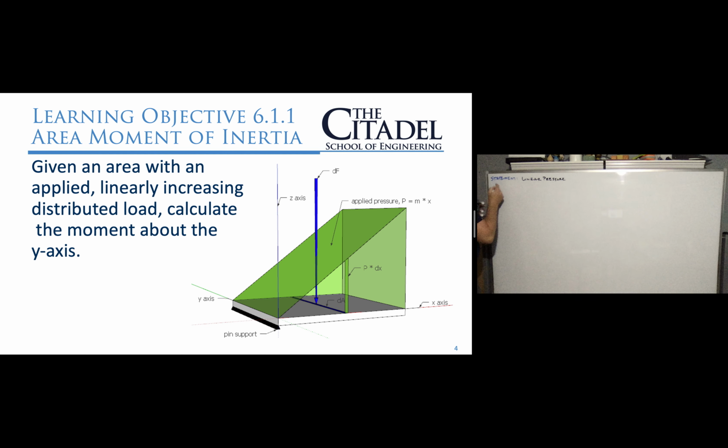And if we think about what we've been given, we're told that that pressure is going to increase with a linear slope. So I've got an m times x. So this would be like mx plus b, where this is my slope, and x is my position along that x-axis there. So as it increases, that pressure is gonna go up.